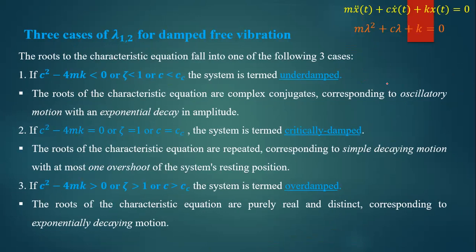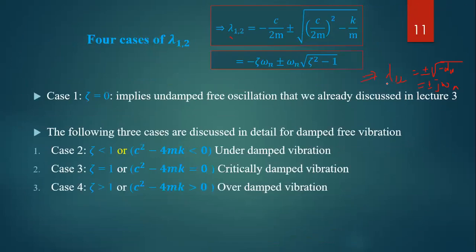Why? Because in the radical, if zeta is less than 1, for example, if we take zeta equal to 0.5, 0.5 squared is a smaller number than 1. That implies inside the radical we see a negative term.